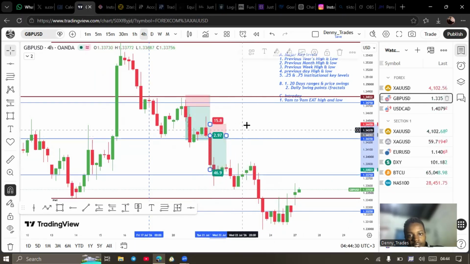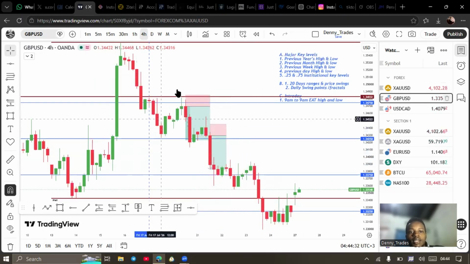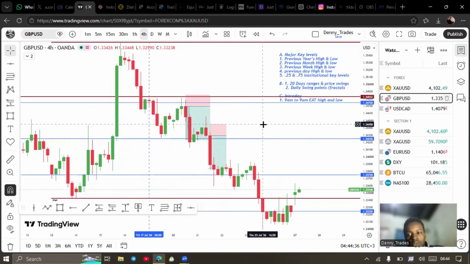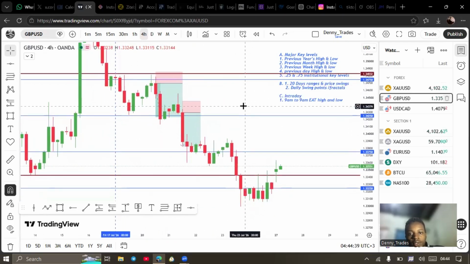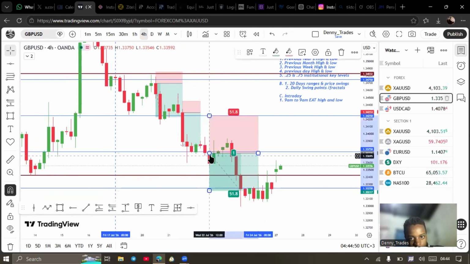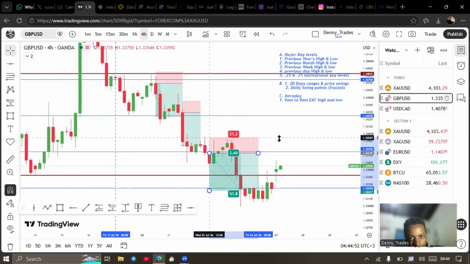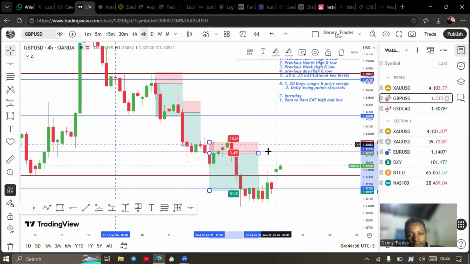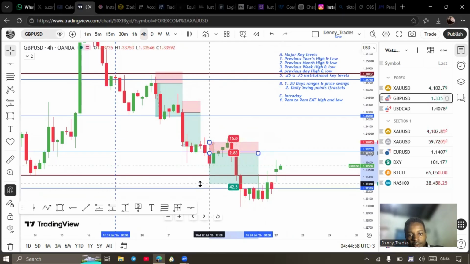You are assuming, because the bias on the daily chart is already bearish, so you already know what to go looking for on intraday time frames. On this candle, you'll have taken a losing trade of about 15 pips.